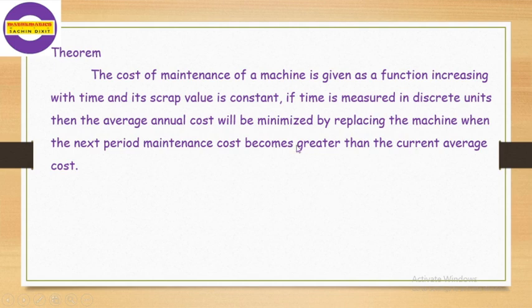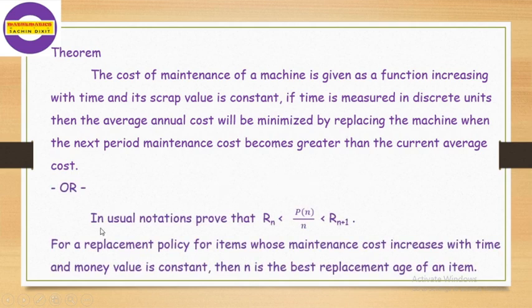This is the statement in word format. In mathematical format, this statement can also be written as, in usual notations, prove that Rn is less than Pn upon n less than Rn plus 1.